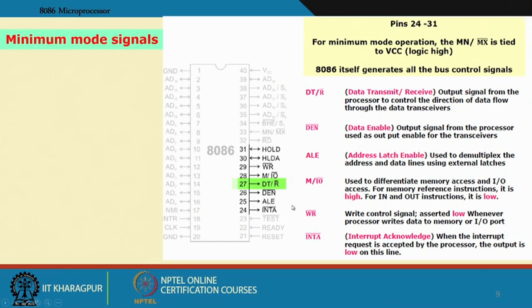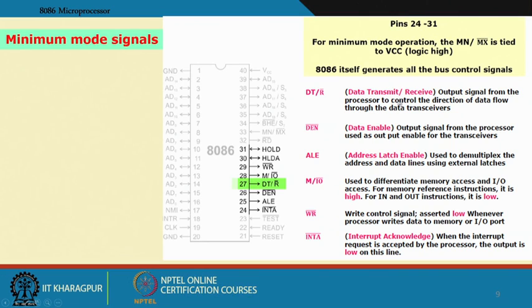And then we have these other lines, because the 8086 will generate all the control signals for the operation, since it is the only master for the bus in this mode. The DT/R bar line is for data transmit/receive.